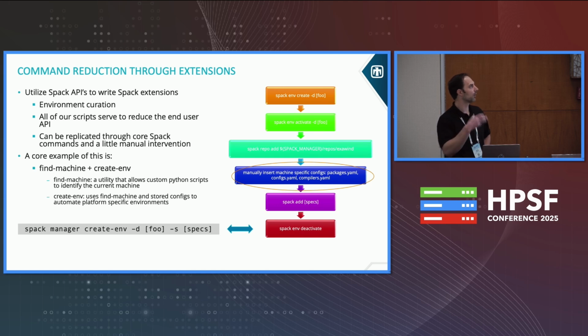And so all of these projects have used Spack extensions, which allow us to do something like what is on the right, which is a multitude of Spack commands in a single command, where we can then basically create customization that is machine or platform specific with reduced inputs. And so the administrators do the work of setting up kind of what is the background for this, so that way we can reproduce things quickly.